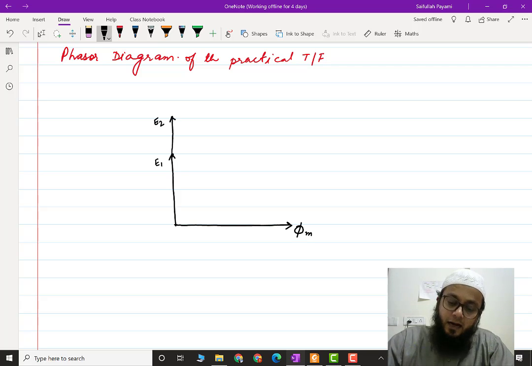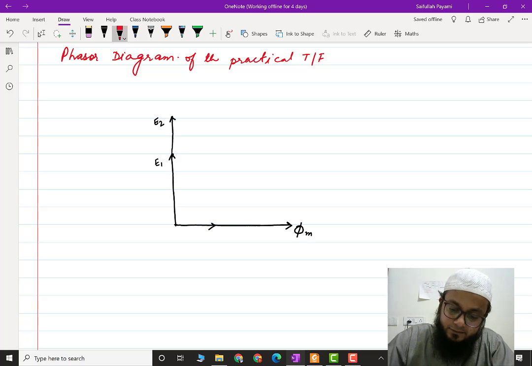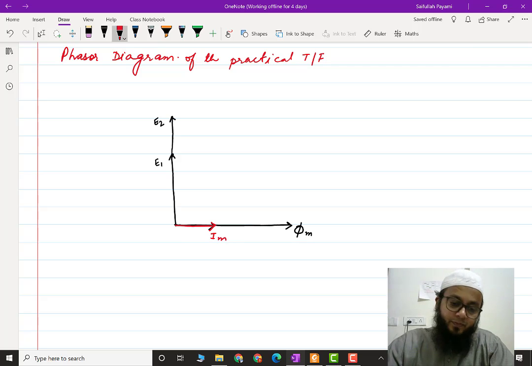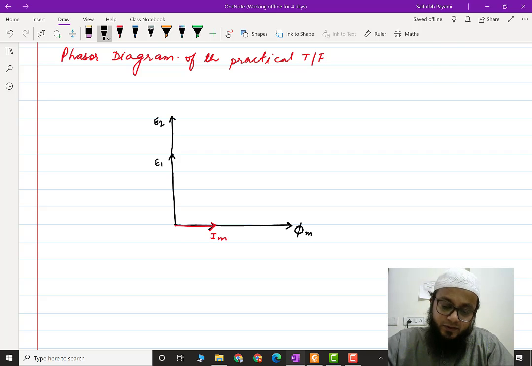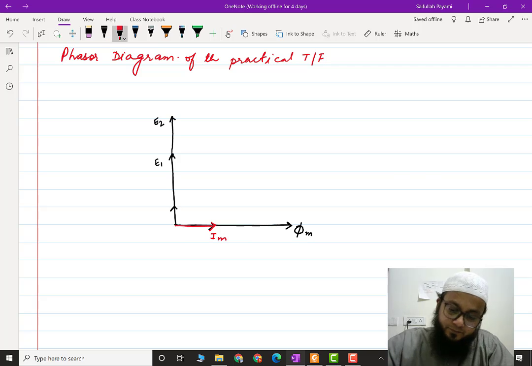Obviously, IM, the magnetizing current, would be in phase with the flux. So this is IM. And there are the core losses as well. The core losses would be in phase with the induced EMF here.